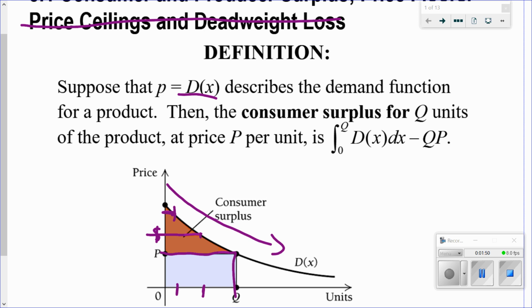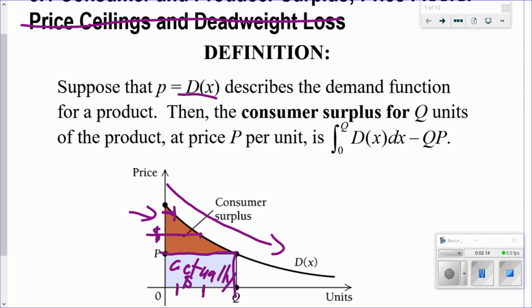So this is what we actually paid as consumers. This brownish area up above it represents what we were willing to pay, but we didn't have to. In other words, that's money that we now get to spend somewhere else.